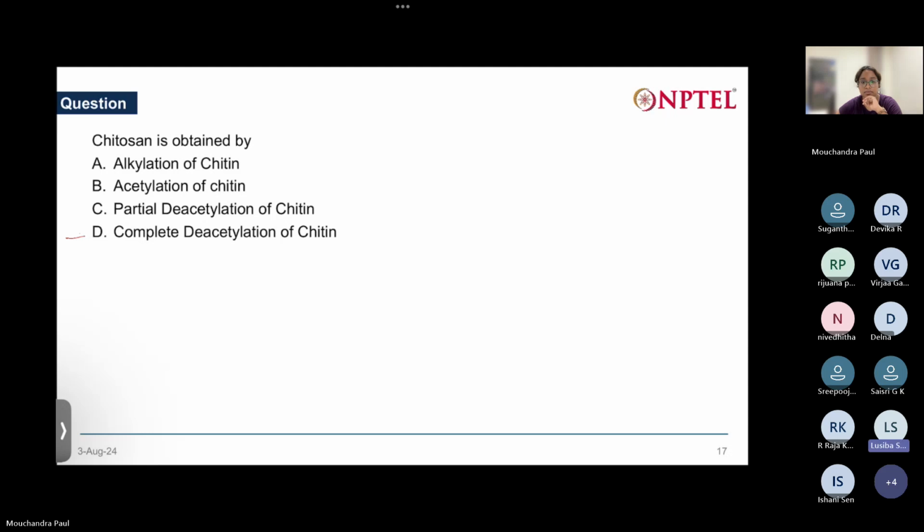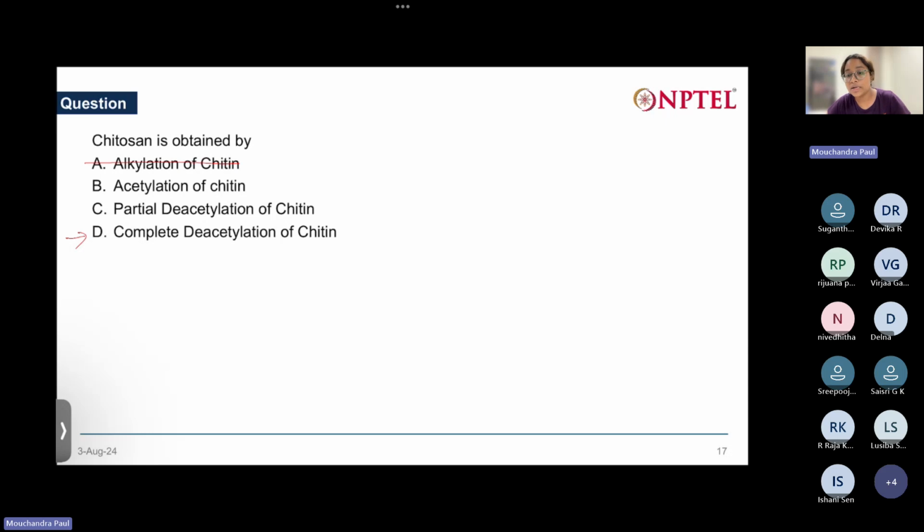Alkylation, right? No. So it's wrong. So acetylation or deacetylation, something of this sort.